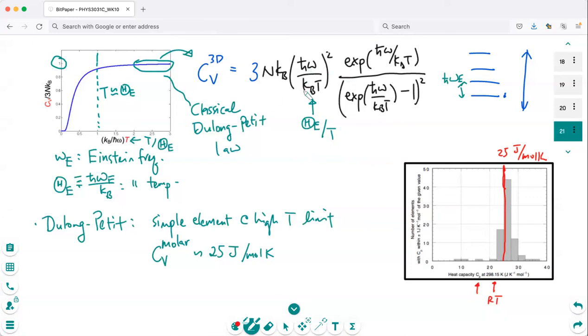I get to this point. I did not say anything about the chemistry of my solid. I just said there's something that looks like a solid where I can address all these particles, all these atoms. I know the address of all of them, and I get to this point of 3nkB, and this 3nkB here.